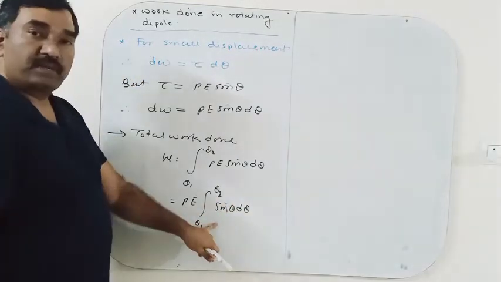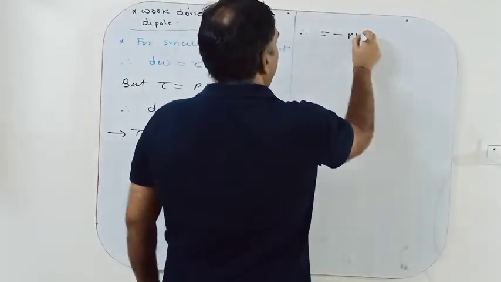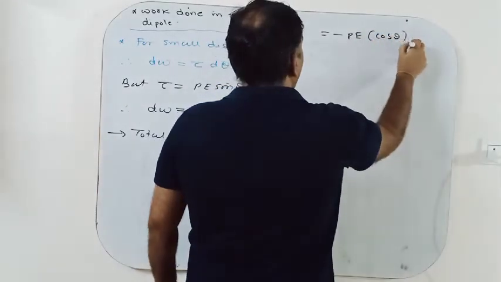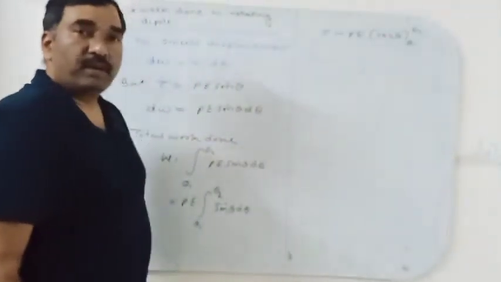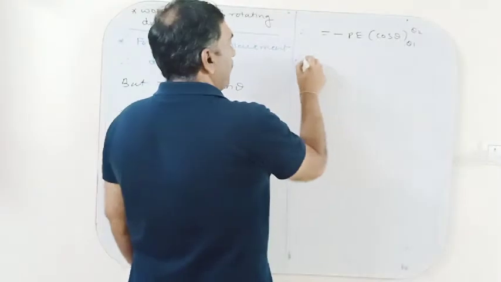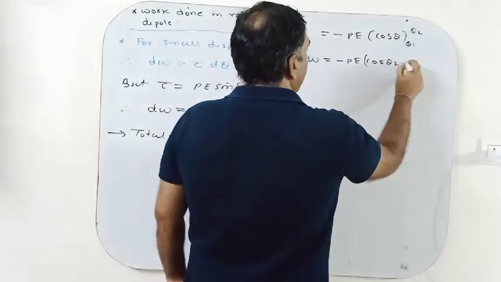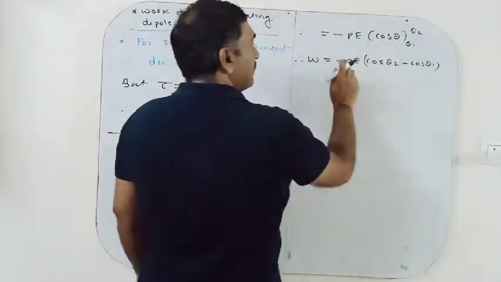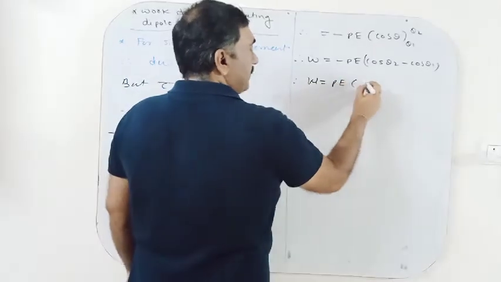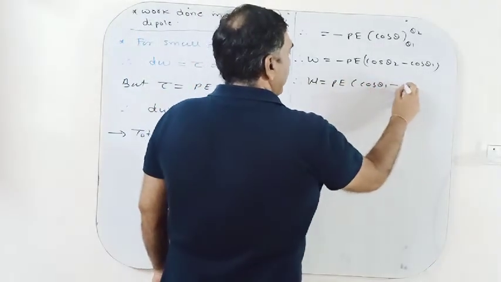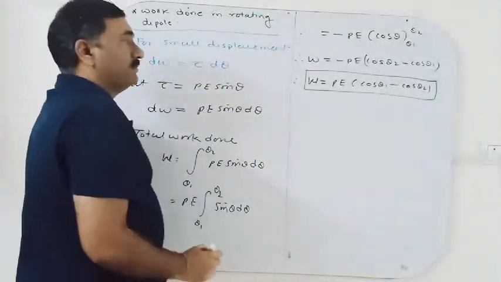The integration of sine is minus cos, so minus PE cos theta, with limits theta 1 to theta 2. First we substitute the upper limit, so work done is equal to minus PE times cos theta 2 minus cos theta 1. Multiplying with the negative sign, the work done becomes PE times cos theta 1 minus cos theta 2.